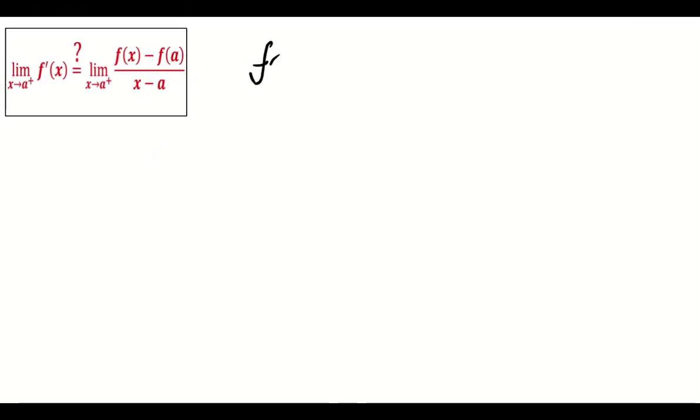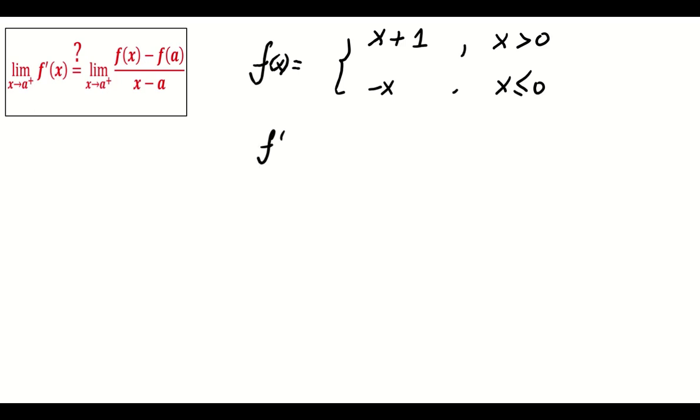Next, let's slightly modify the definition of f. Let f x be x plus 1 for positive x and negative x for non-positive x. Hence, f prime x is 1 if x is positive and negative 1 if x is negative.